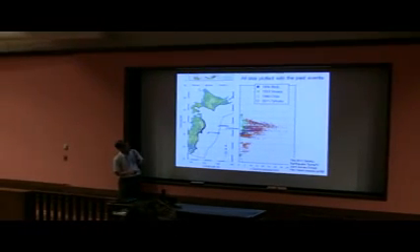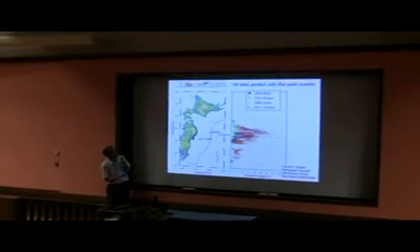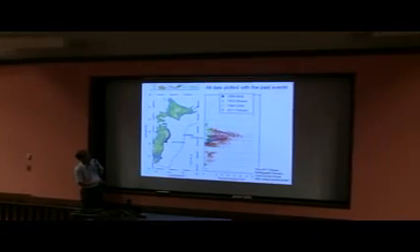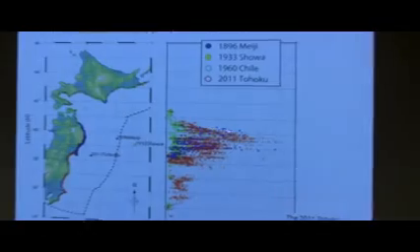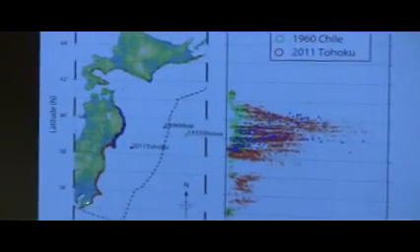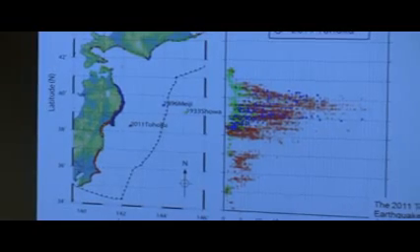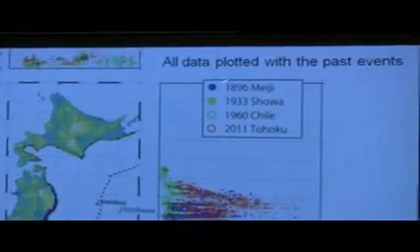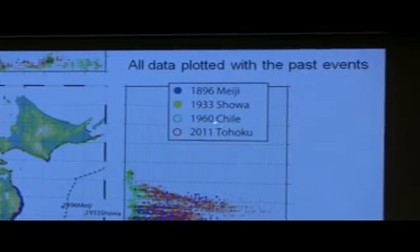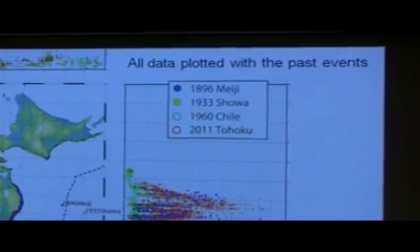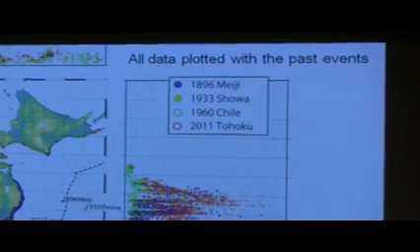And this picture is one effort that shows the distribution of tsunami inundation height, starting from Aomori to Chiba. And the comparison between the historic events: the blue one is Meiji, yellow is Showa, green is Chile, and red is Tohoku, this event.